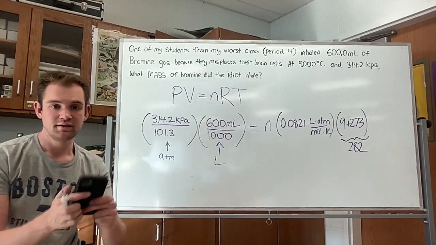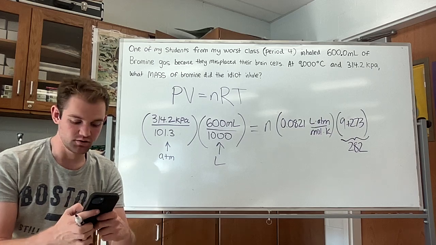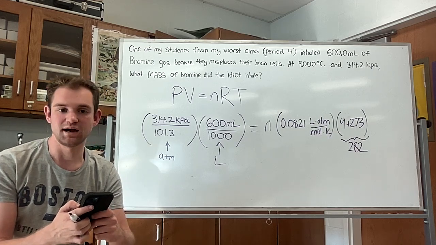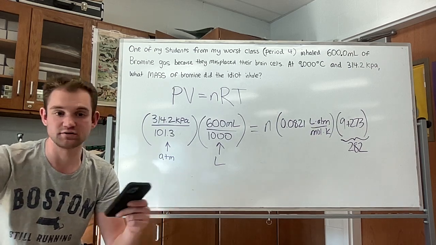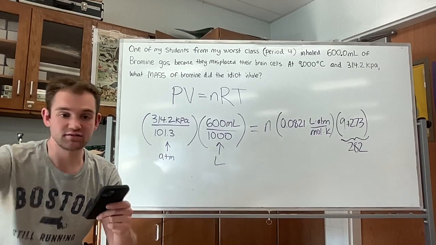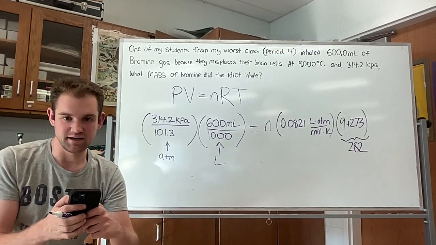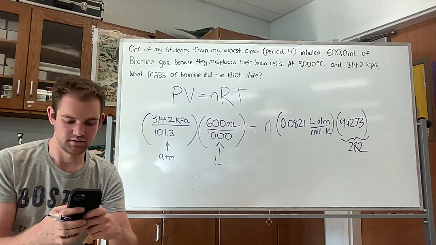Here we go. I have 314.2 divided by 101.3. Enter. Great. It's around pi. And then I'm going to multiply by 0.6. If you beat me, you get 100 on this test. Now I'm going to divide by 0.0821. Enter. Then I'm going to divide by 282.